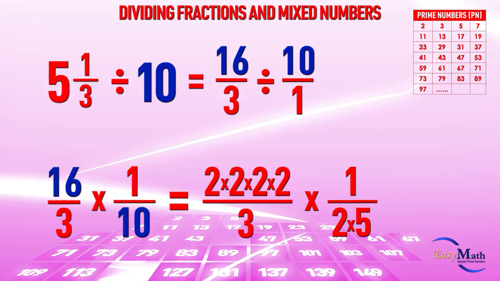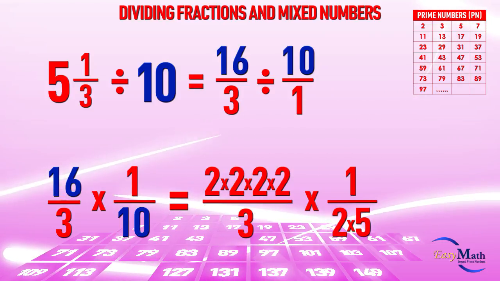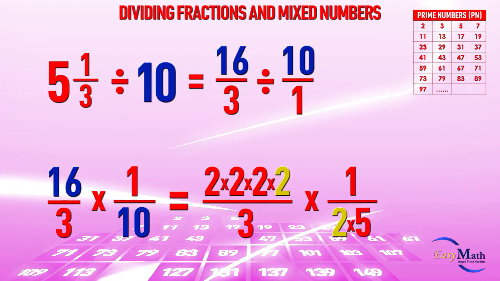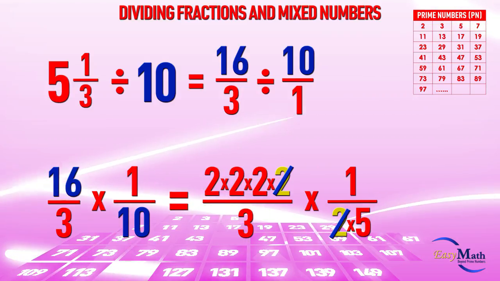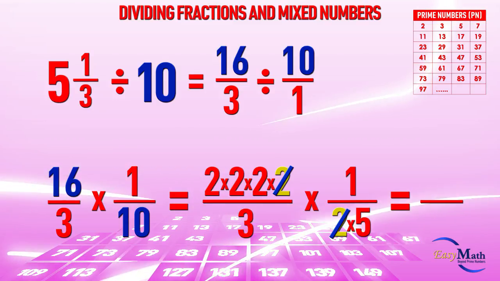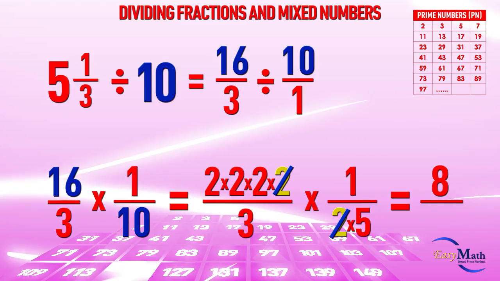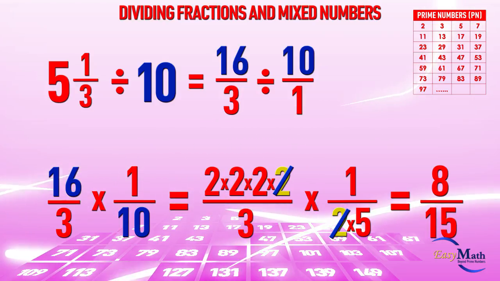Now we can look at these two fractions and see if there's anything we can cross-cancel. Well, we have a 2 in this denominator and 2 in this numerator. Let's cancel those out. It looks like we have nothing else to cancel out, so let's multiply across. 2 times 2 is 4, times 2 is 8, times 1 is 8. And then 3 times 5 is 15. So our final answer is 8 over 15.